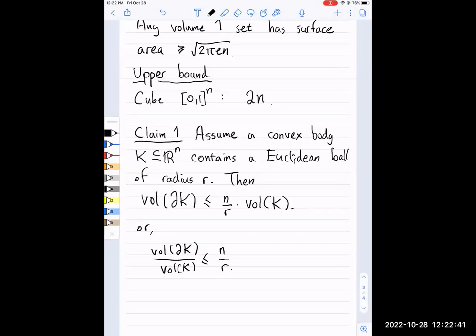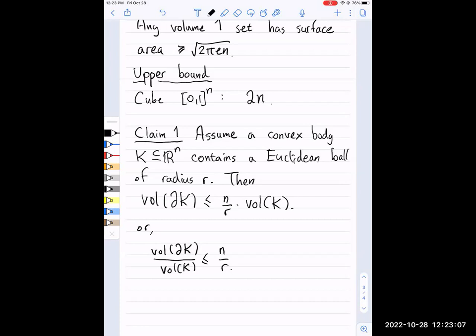Let me just warn you that, contrary to other quantities, this is not scale invariant. If I scale up the body by a factor of 10, the volume grows by 10 to the n, but the surface area only grows by 10 to the n minus 1. So this is minus 1 homogeneous in scale. If I scale up the body by 10, this quantity shrinks by a factor of 10.